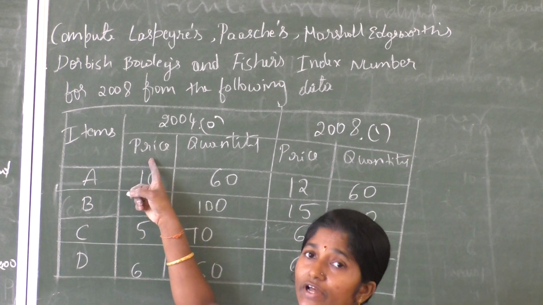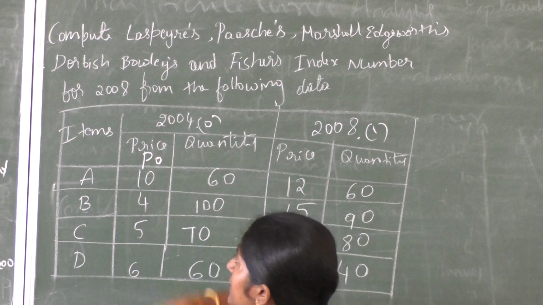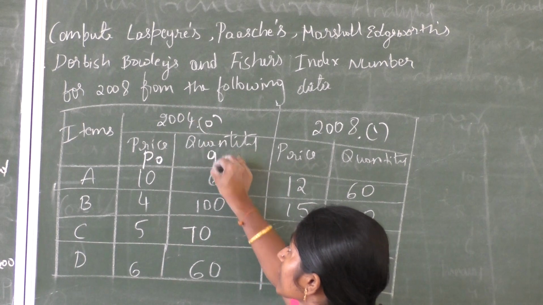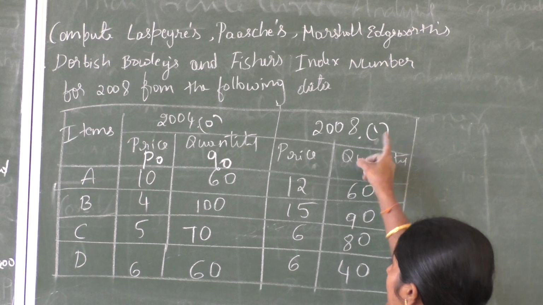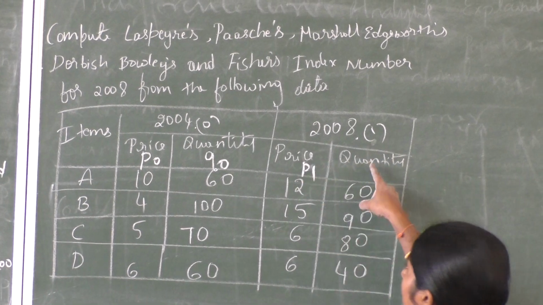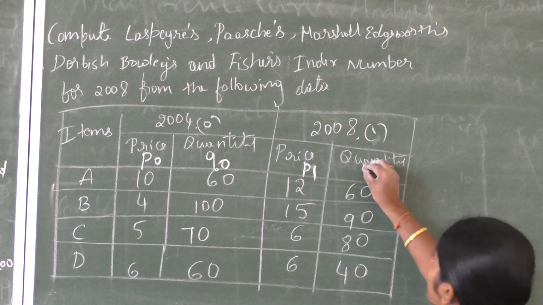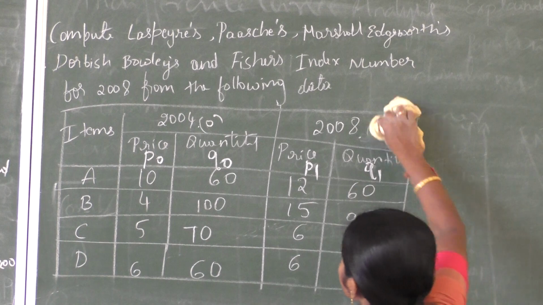Price with base is P0, quantity with base is Q0. Price with the current year is P1, quantity with the current year is Q1.